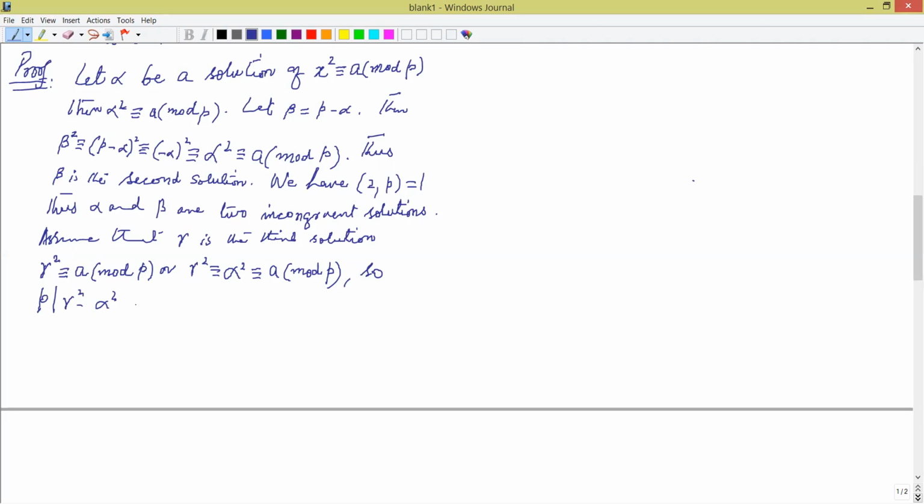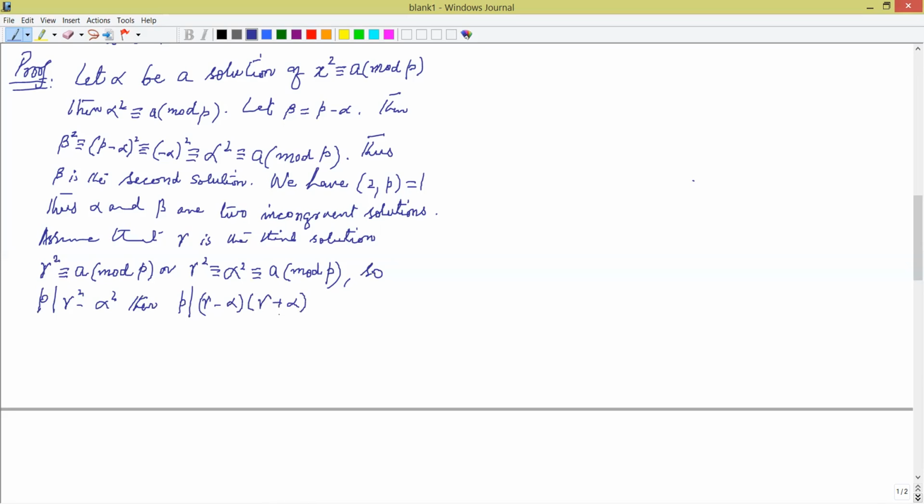If P divides gamma square minus alpha square, then gamma square minus alpha square can be written in factors. So P either divides gamma minus alpha or gamma plus alpha.